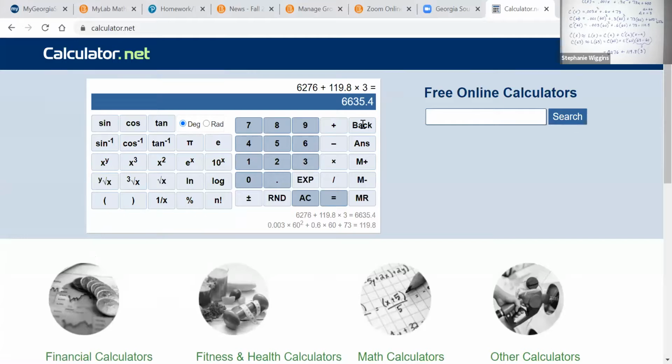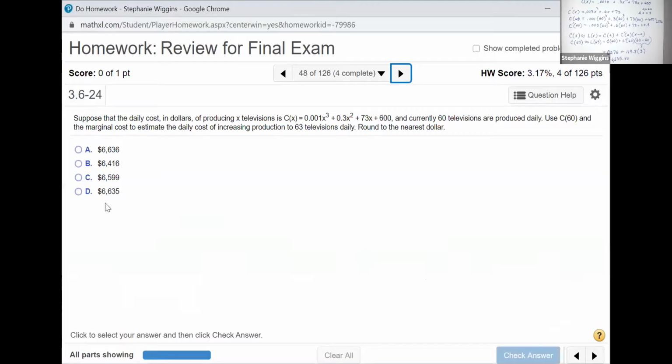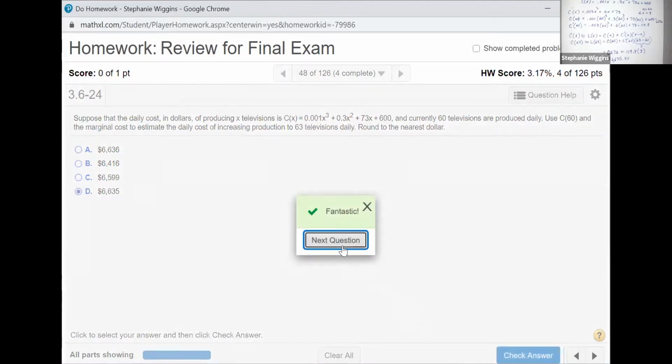So 6,635.40. Be careful here. Notice I have two choices that are very close. So the 40 cents means I'm going to round it down. All right.